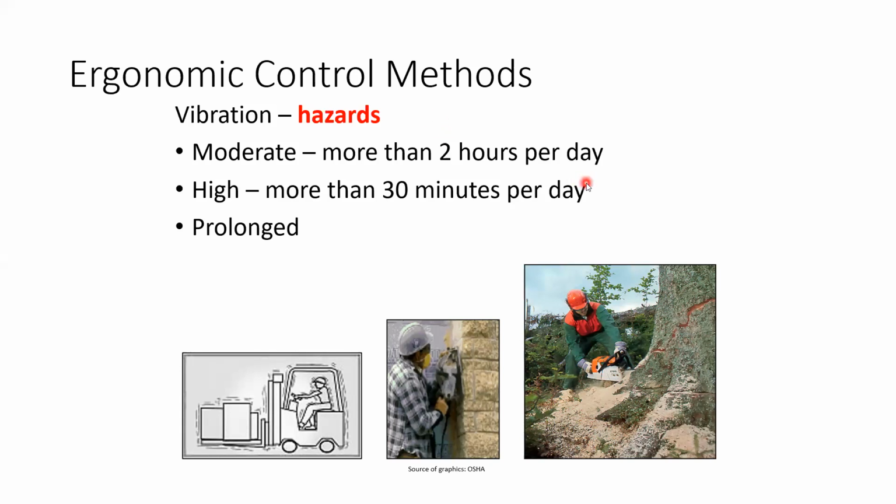So in the moderate situation, you use vibrating tools for more than 2 hours per day. In the high situation, it is more than 30 minutes per day. It is a hazard.